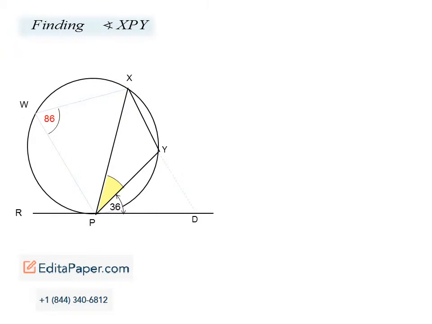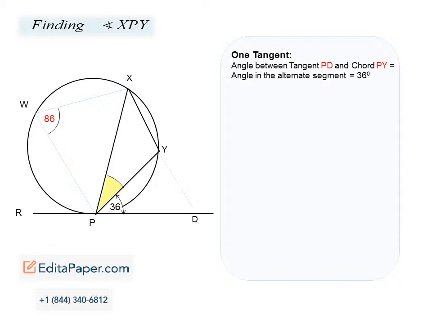If we use the same theorem, because we also have chord PY, then we note that the angle between PY, the chord, and tangent is equal to the angle that is subtended at X in the alternate segment, giving PXY to be equal to 36 degrees.